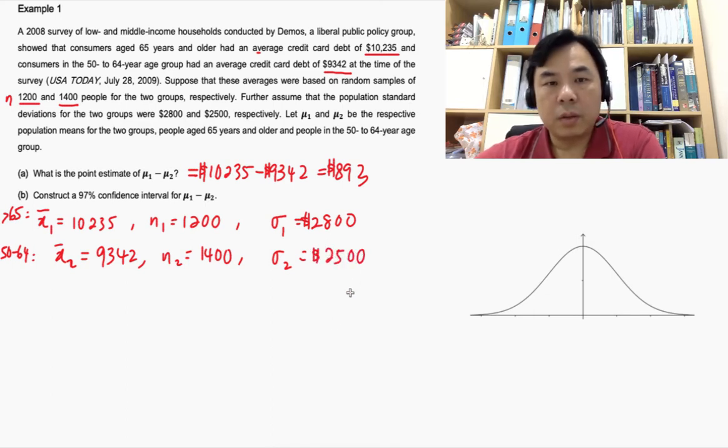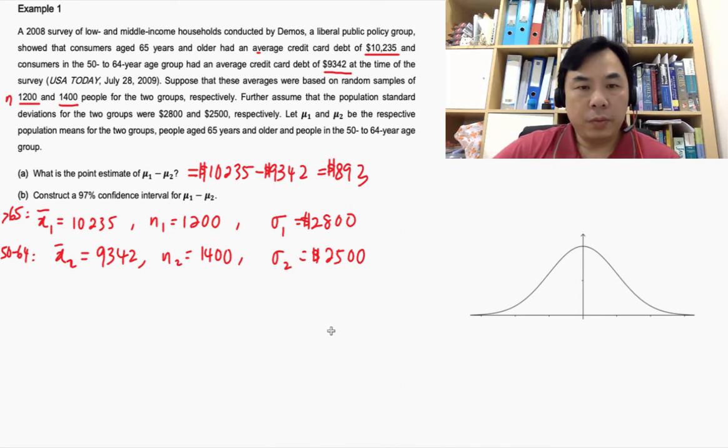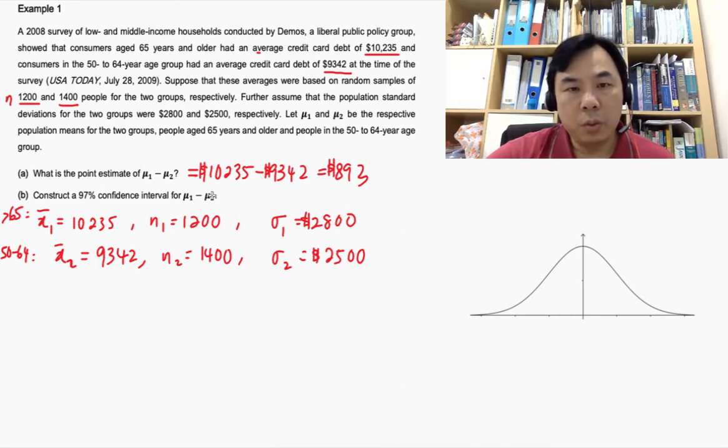2500. Okay, so the first step: we have already calculated the point estimate of the difference between the means of the two populations.